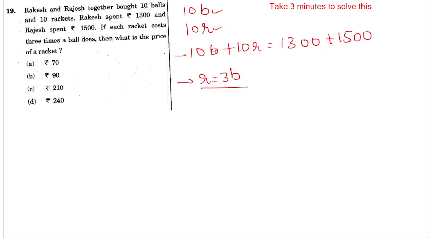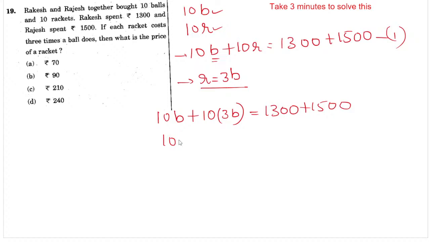So what we can do is substitute the value of R in equation 1, then calculate the value of B and substitute it back. So we have 10B, and instead of R we'll substitute 3B, and 1300, 1500. And this is 10B plus 30B is equal to 2800.